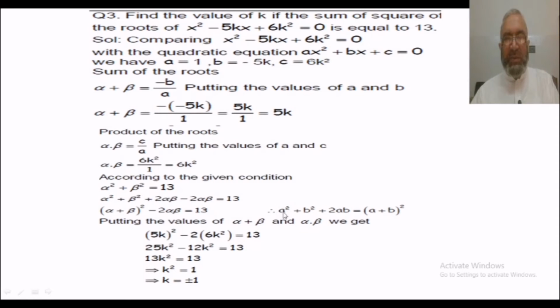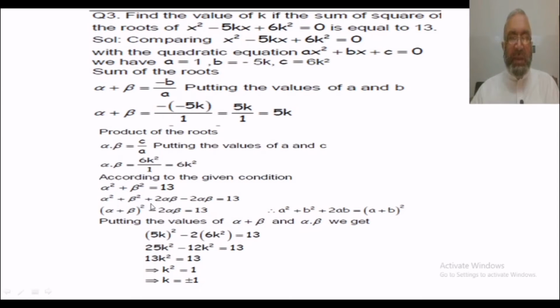For this we have a formula. For example, a square plus b square plus 2ab is equal to a plus b whole square. So changing into the square form, to change this result into a complete square, we write this as alpha square plus beta square plus 2 alpha beta to get alpha plus beta, that is a plus b whole square.